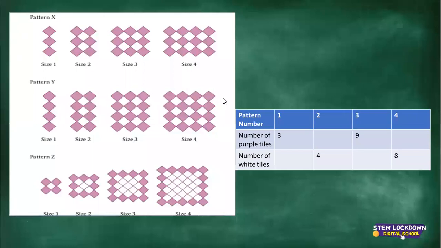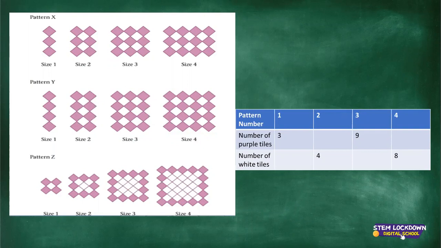All right, now let us move to pattern Y. For pattern Y, we have 4 purple tiles for size 1, and for size 2, we have 8 purple tiles and 3 white tiles.